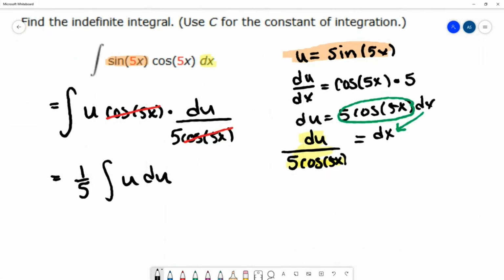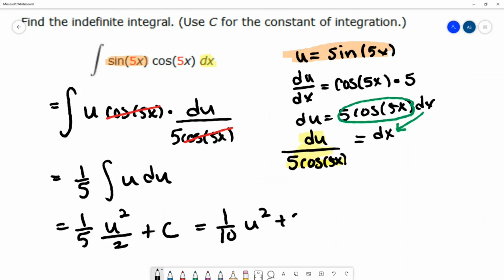And again, we're going to use our power rule here to find the antiderivative. That power rule states that we're going to add 1 to the power and divide by that power, and of course add our plus c. So this time we get 1/10 u squared plus c, which, bringing back our original substitution, is 1/10 sine squared of 5x plus c.